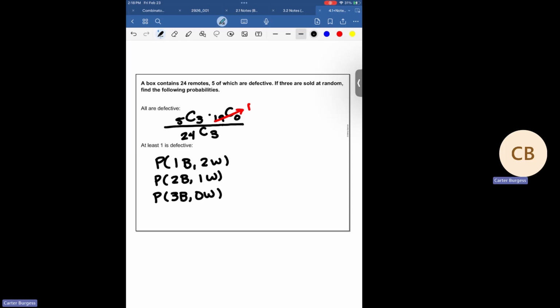We're just going to go through each of these. What's our setup for having one broken and two that work? What is this going to look like? Very good. Divided by 24 choose 3. Perfect. Beautiful.